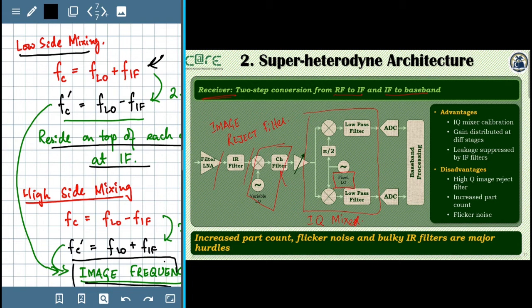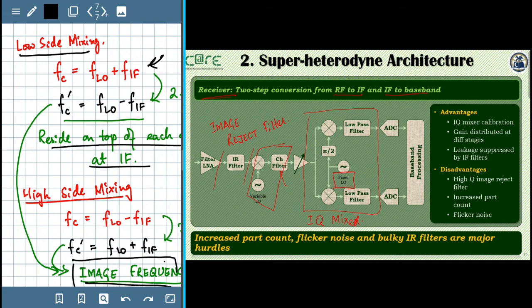So if we talk about the advantages and disadvantages, number 1 is IQ mixer calibration is possible, and the issue of IQ imbalance goes away. Number 2 is that the gain is distributed at different stages, so we can achieve a higher amount of gain by using amplifiers at different stages.